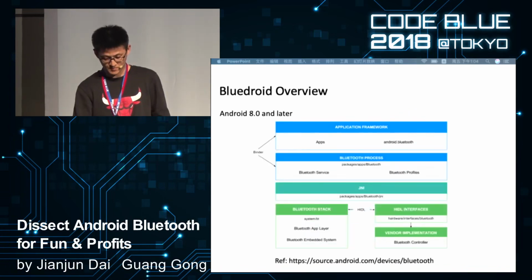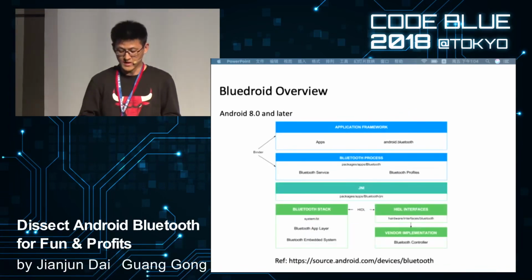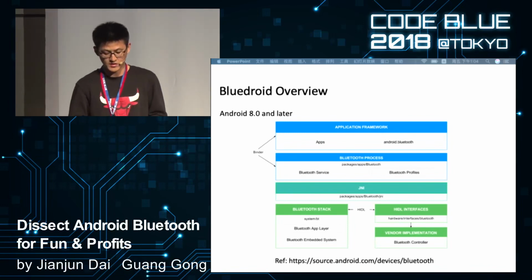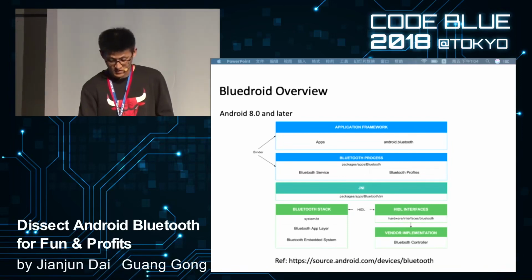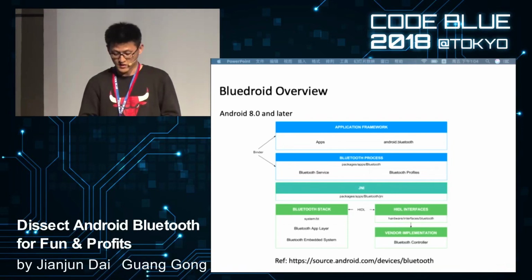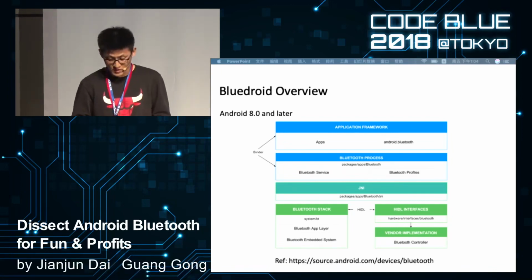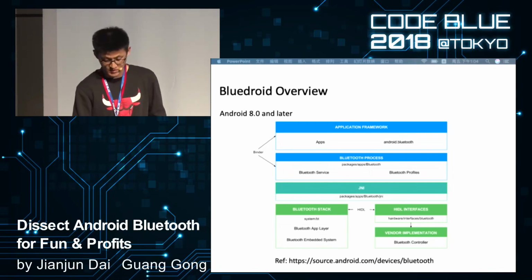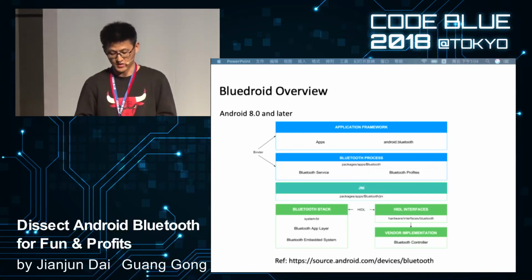Let's have a look. The largest change in the native Bluetooth stack between Android 8 and the previous versions is the use of HIDL. Vendor implementations in Android 8 must use HIDL instead of libbt-vendor. Vendor devices interact with the Bluetooth stack using the hardware interface definition language.